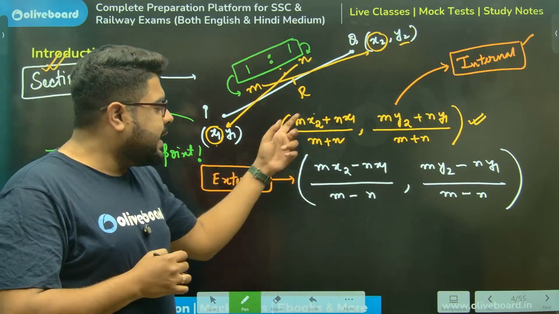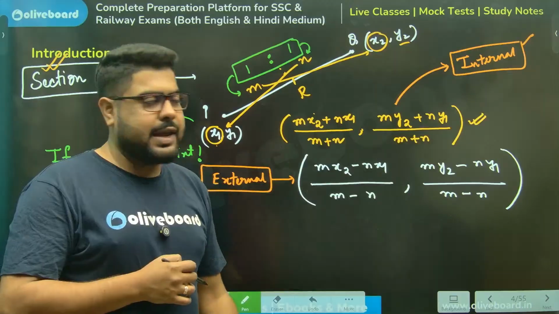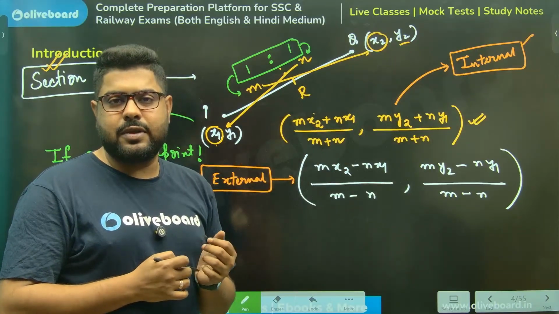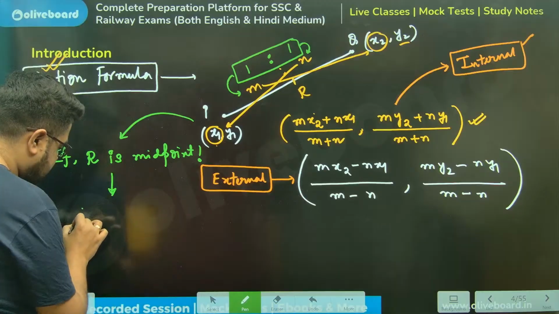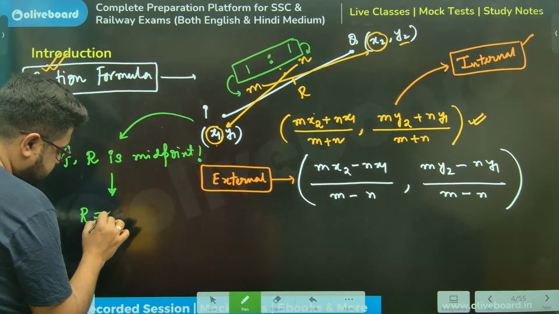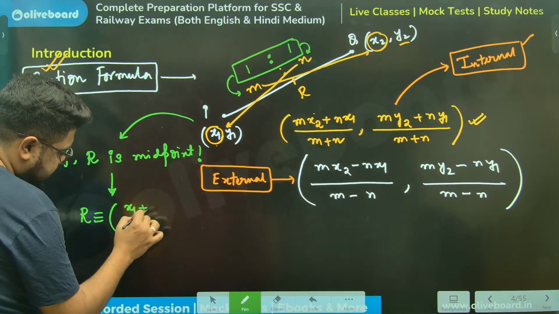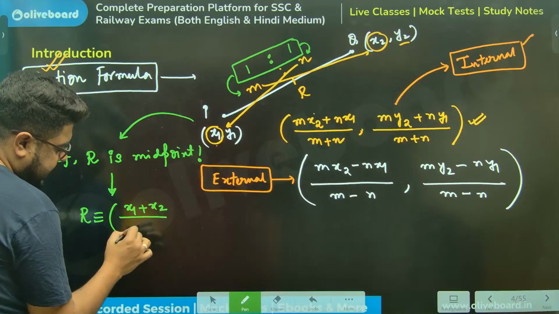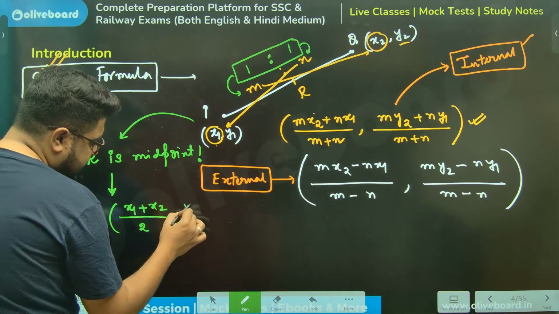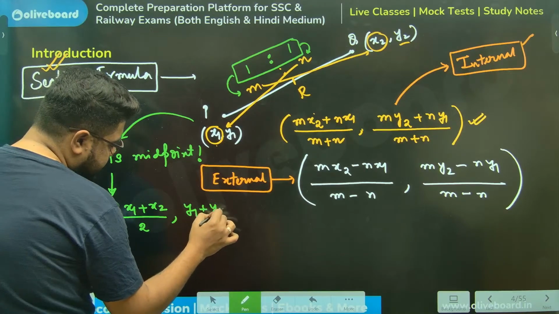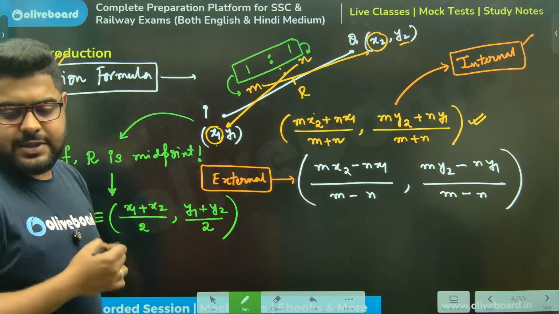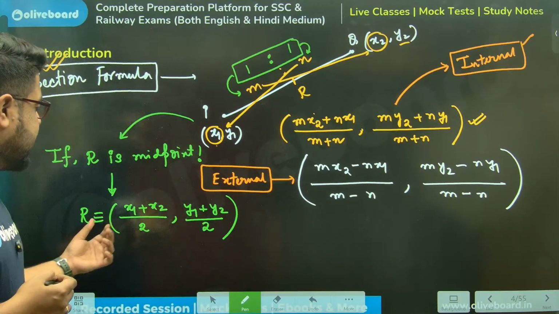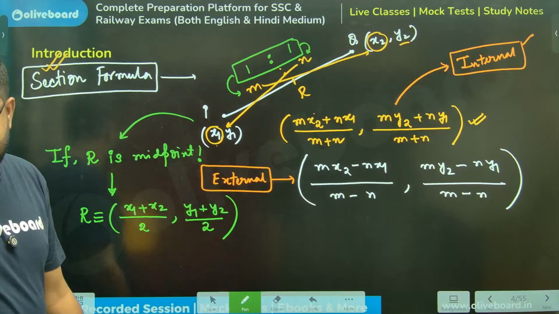Put M and N equal to 1 in this formula. Then R becomes (x1 plus x2) by M plus N, meaning 2. You see, it's ultimately nothing but the average.